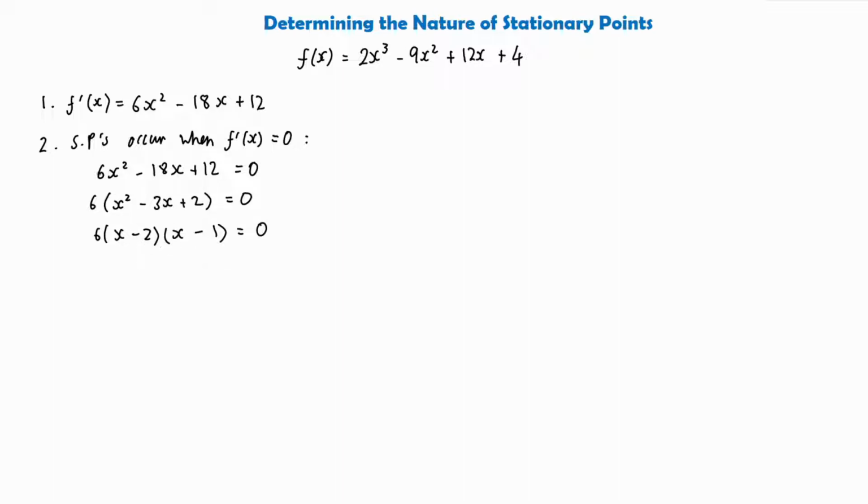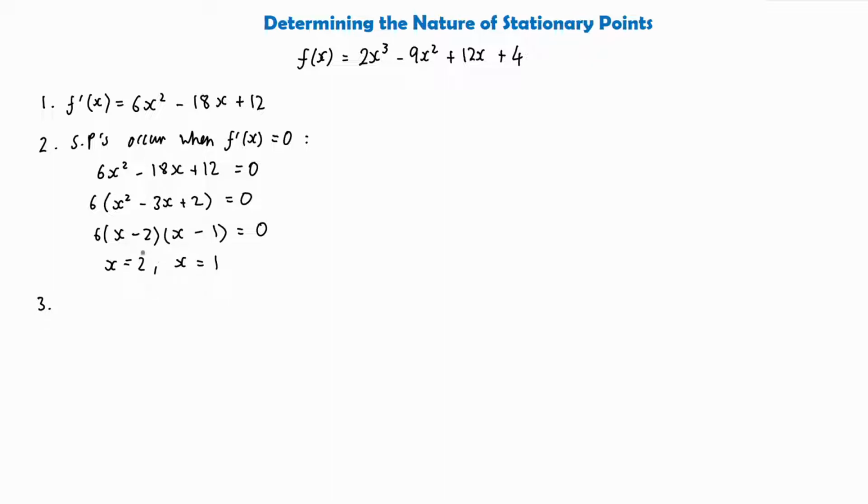And you can check that yourself to see that you will get 6x squared minus 18x plus 12 is equal to 0. And then from this we can see that either x is equal to 2 or x is equal to 1. Now these are just the x coordinates of the stationary points.